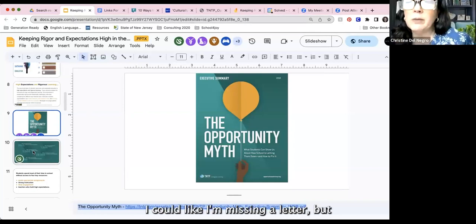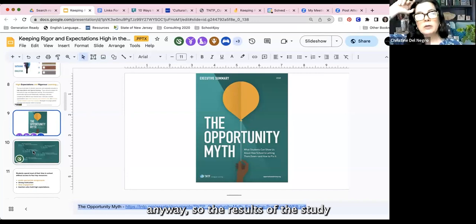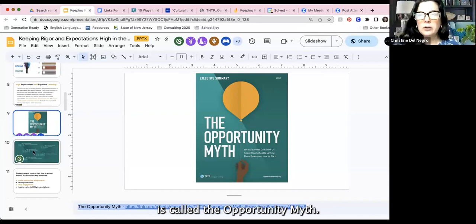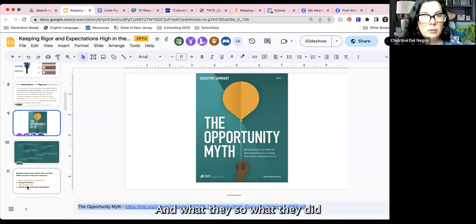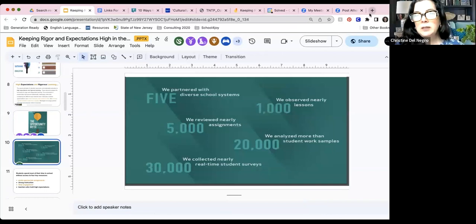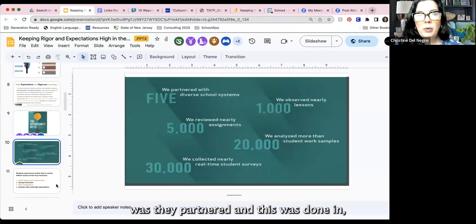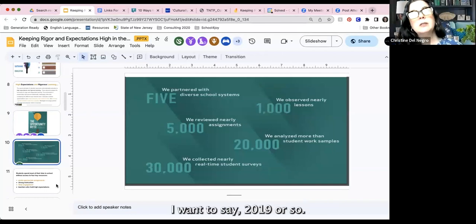The result of the study is called the Opportunity Myth, and this was done, I want to say, in 2019 or so.